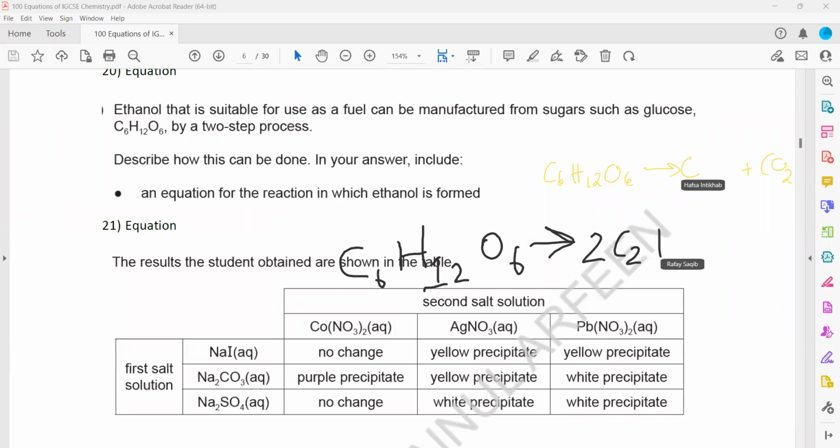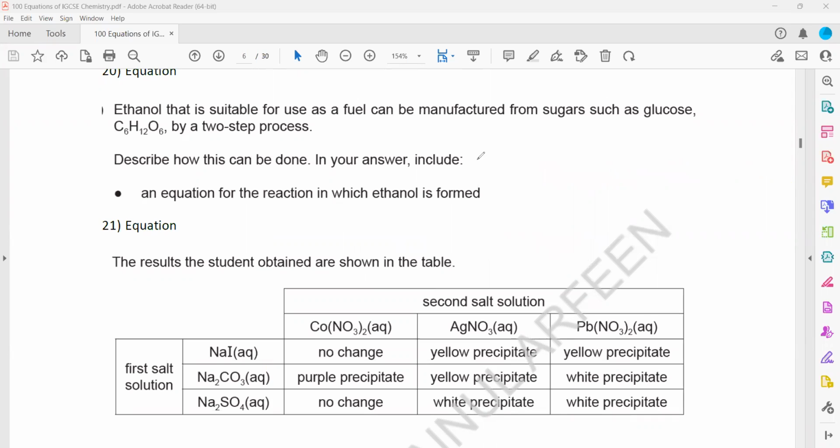So glucose is there and you want to form ethanol. So it will be C2H5OH, ethanol. So this should be C2H5OH, and glucose is C6H12O6.